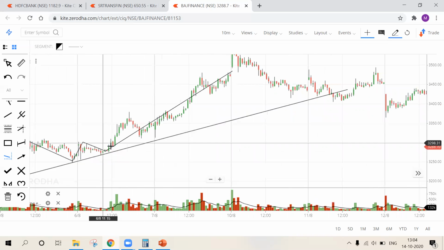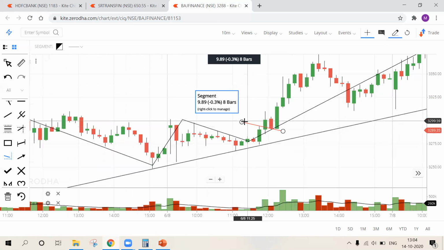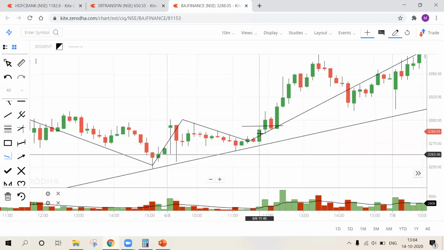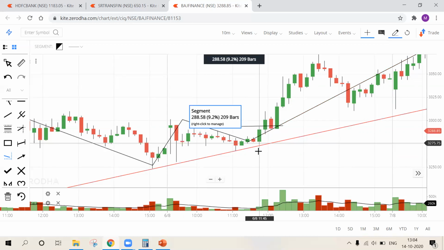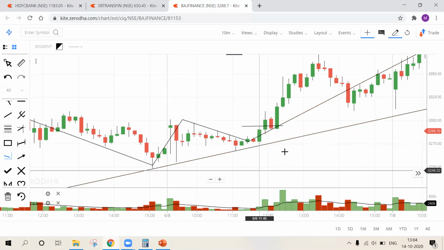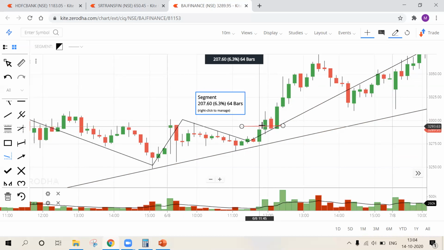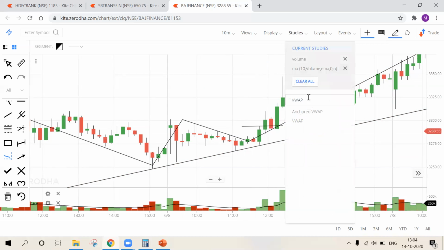So here we'll be looking for higher high formation. See, higher high formation, right? The first confirmation is done, that is nothing but the reaction. You need to be entering at the third reaction. That is the first confirmation. The second confirmation is higher high formation, already done. In this case, the third confirmation is not VWAP, it is the moving average.